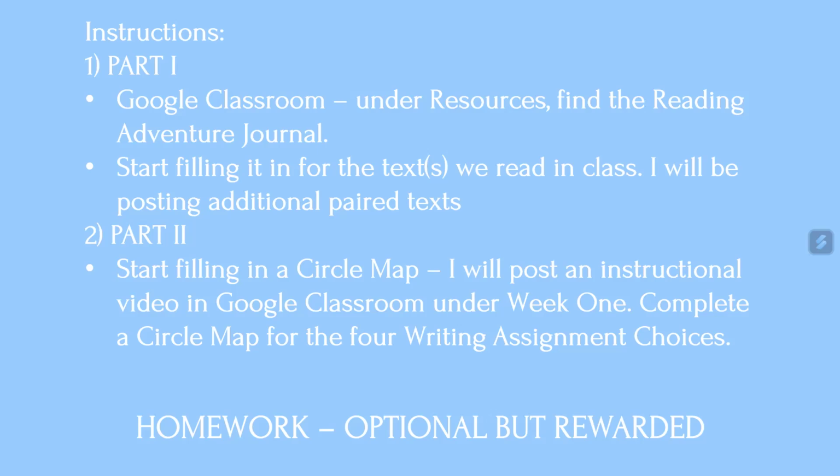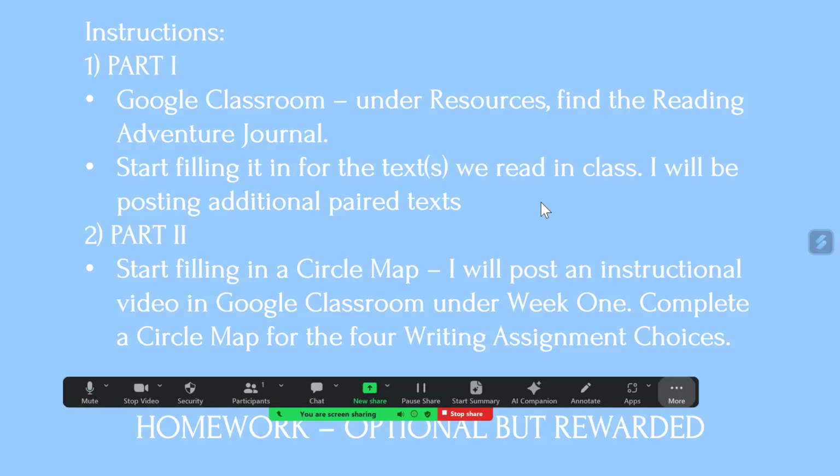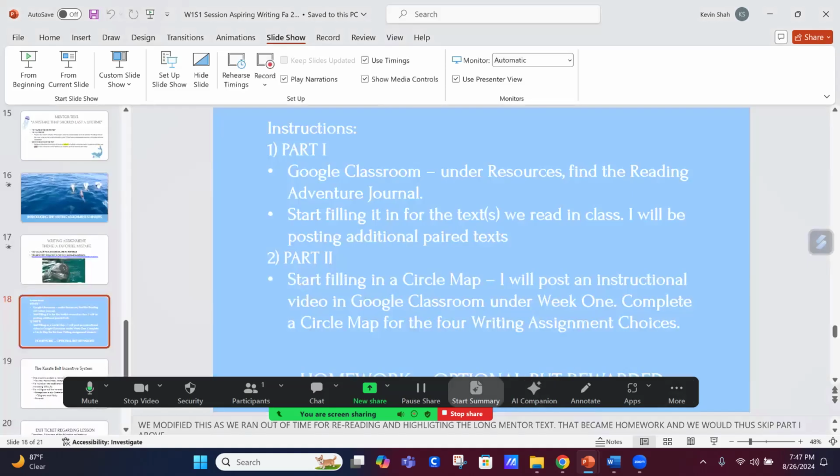The reason I had them look at all 4 is, isn't it better to have 4 choices on a menu, right? Hamburger, chicken, ribs, and a chicken salad, rather than just being stuck with one. That way, students can decide. And that is pretty much it. Now, what I'm going to show you at this point.